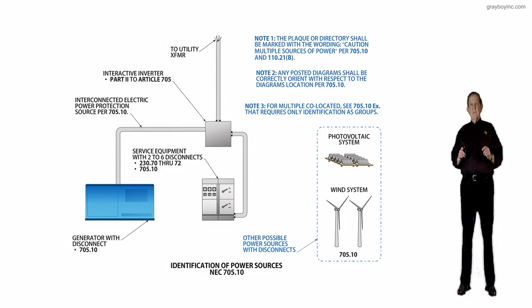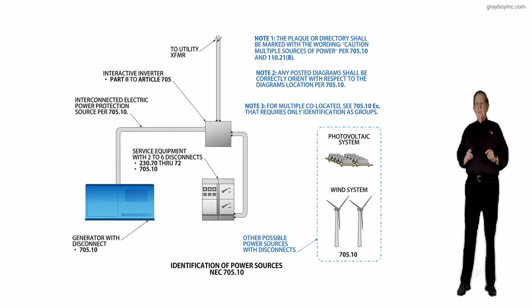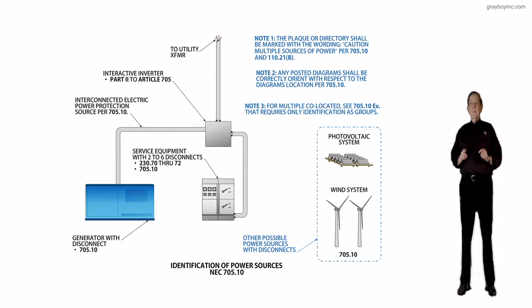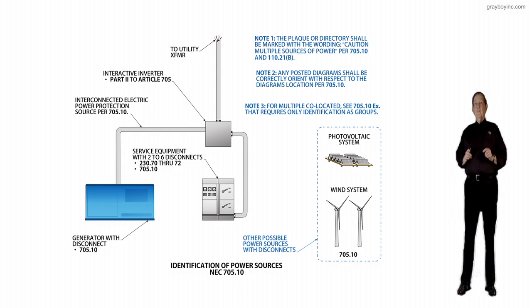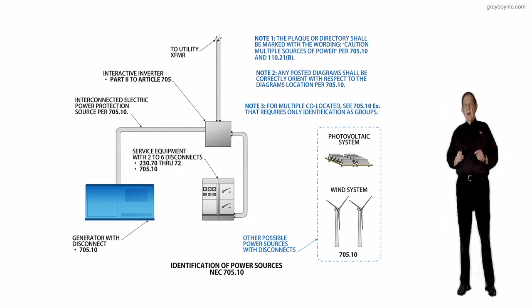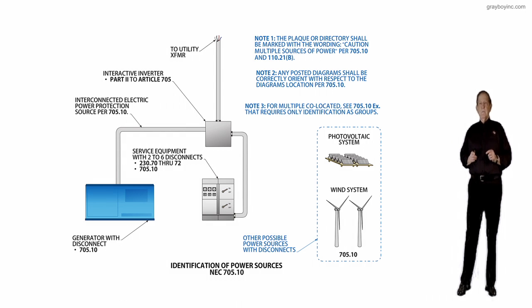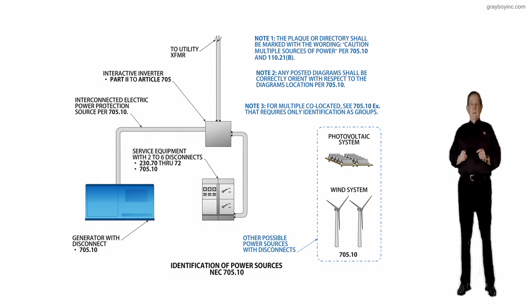This illustration deals with identification of power sources, NEC 705.10. Notice 705 is utilized when you're connecting your power source or sources in with the utility to provide power in case the utility power is lost for any reason.